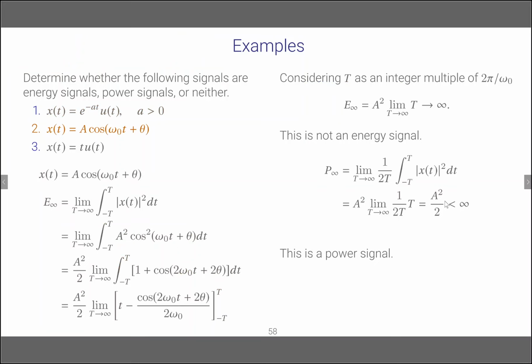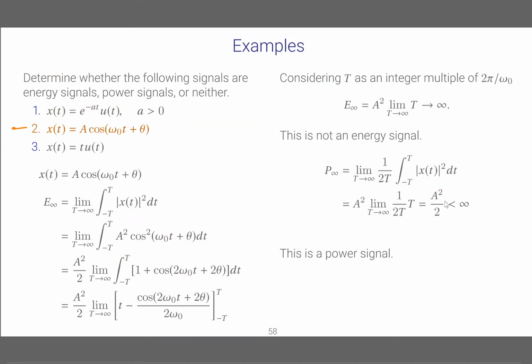Now let's consider the second example, which is a periodic signal, A cos(omega naught t plus theta). So x(t) equals A cos(omega naught t plus theta). E infinity is the limit as T tends to infinity of the integral from minus T to T of A squared cos squared(omega naught t plus theta) dt.